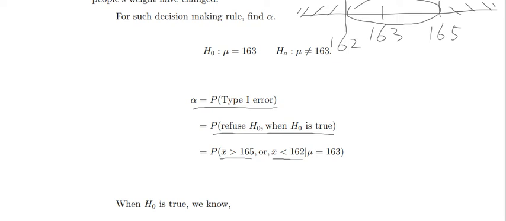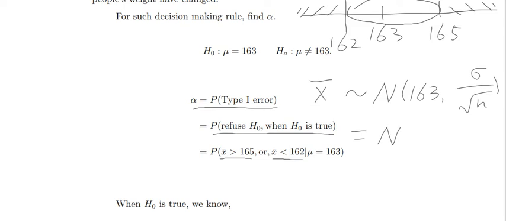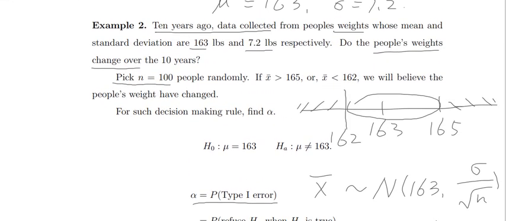So such a problem, we need to know the distribution for x bar. So let's say x bar follows this normal, with mean 163, that is mu, and then sigma over radical n. So we need to find what is sigma and what is n. Let's go back to the problem itself. What is sigma?